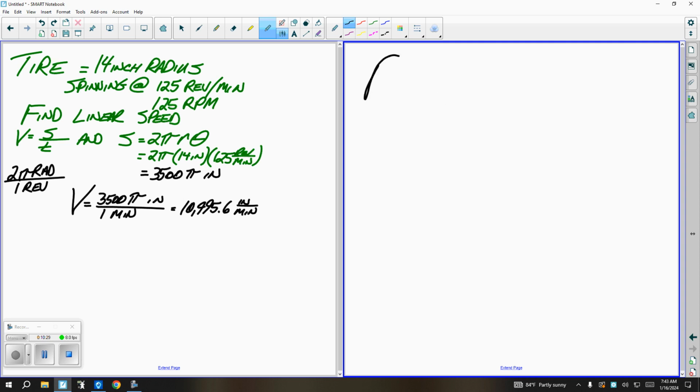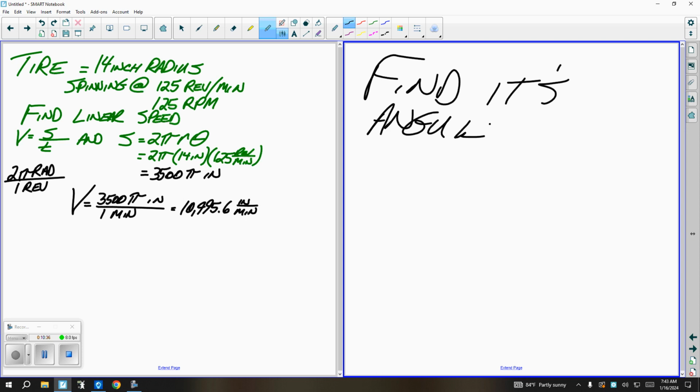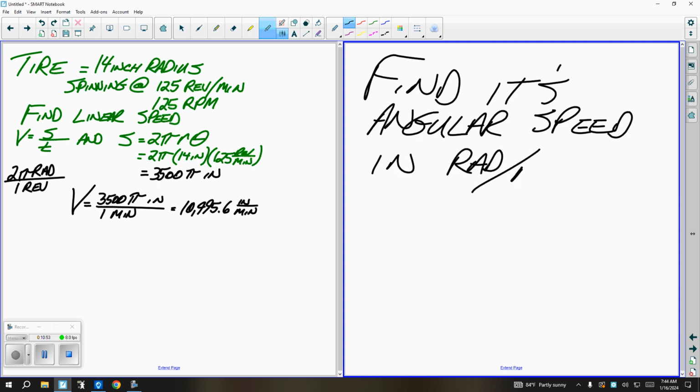Find its angular speed in radians per minute. Well, that is w equals theta over t. So I have to figure out theta first.